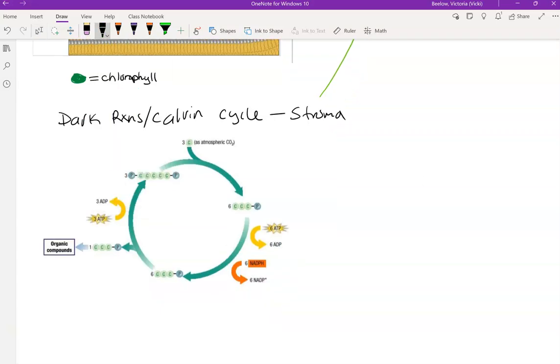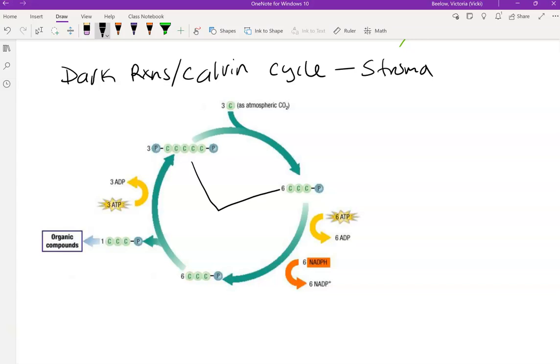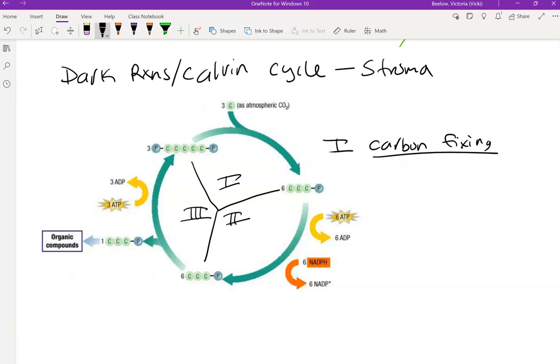And the dark reactions, or the Calvin cycle, we're going to break down into 3 main phases or steps. So the first phase, phase 1, is what we call carbon fixing or carbon fixation. And that is when we're going to see the role of carbon dioxide, which is CO2.